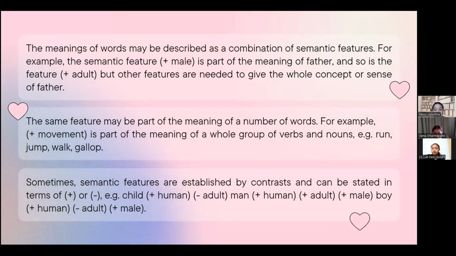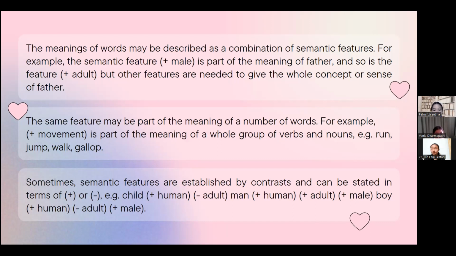For example, the semantic feature male is part of the meaning of father, and so is the feature adult, but other features are needed to give the whole concept or sense of father. The same feature may be part of the meaning of a number of words. For example, movement is part of the meaning of a whole group of verbs and nouns, for example run, jump, walk, gallop.